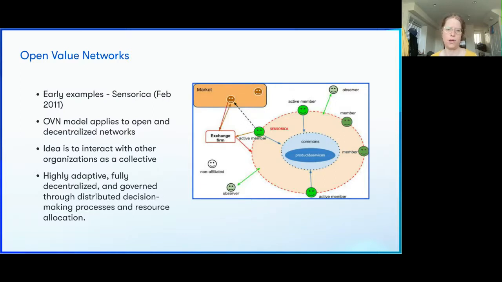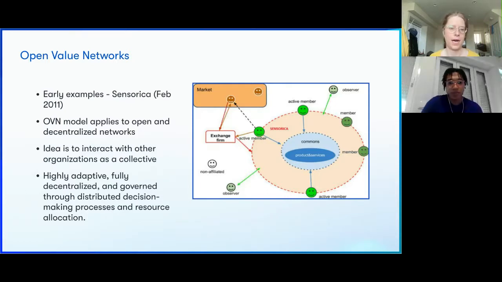And also they're better when there are many other collectives around them, which we see now with composability, because then on aggregate, they can all work together. But essentially the idea is you have a collective that can interact with market operators through an exchange firm. Maybe it's like an LLC or some sort of foundation, and it's essentially routing funding to the DAO, well, to the OVN in this case, which funds public, open source, opt-in development.